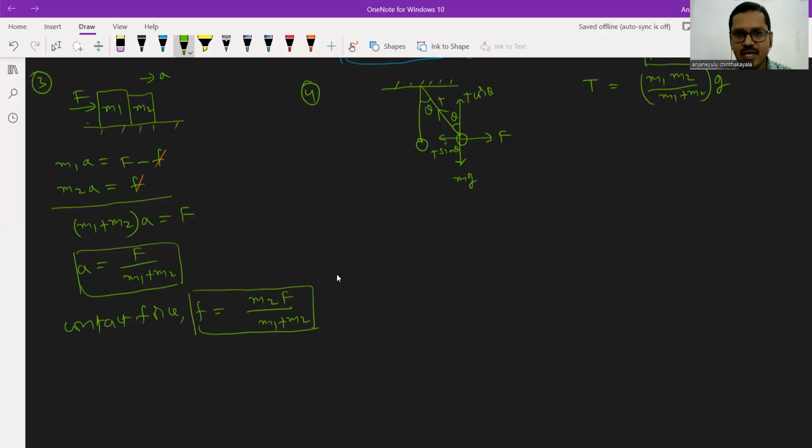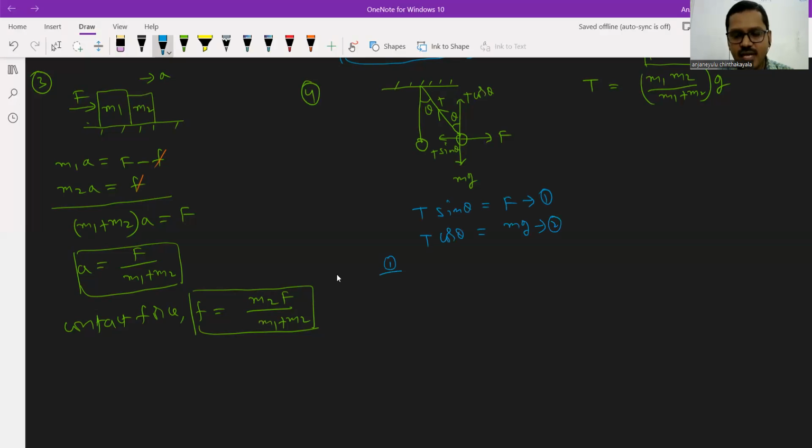Now, at the equilibrium position of the bob, we can equate the upward force to the downward force, and the horizontal force on the right side to the force in the left direction. It means T sin theta is equal to force F. This is equation 1. And the upward force T cos theta is equal to the downward force mg.